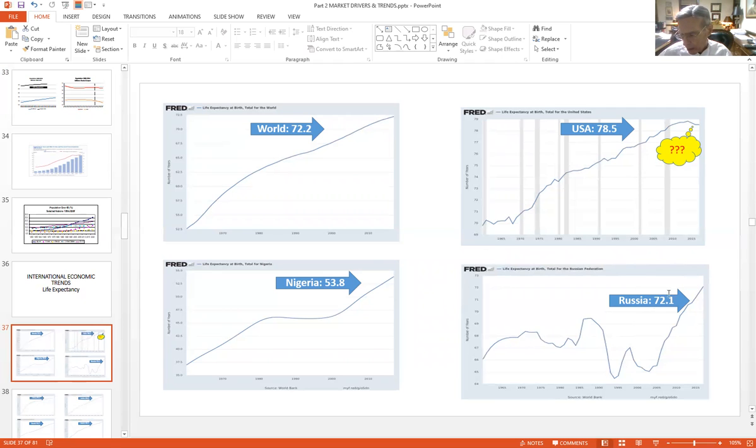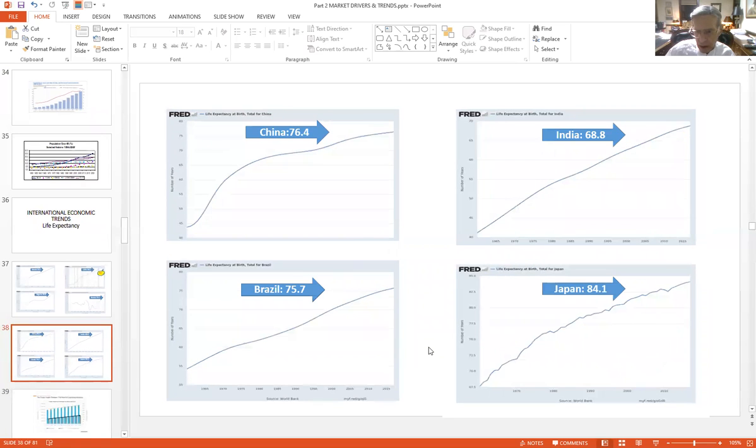Today, back up to 72. So Russia's government is taking some action. China's life expectancy is not too much different from the US at 76 and a half.